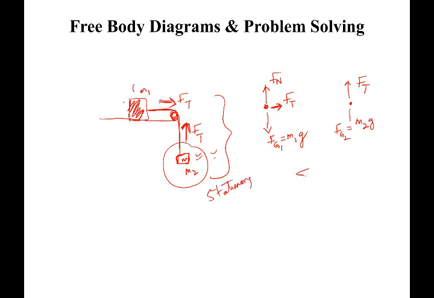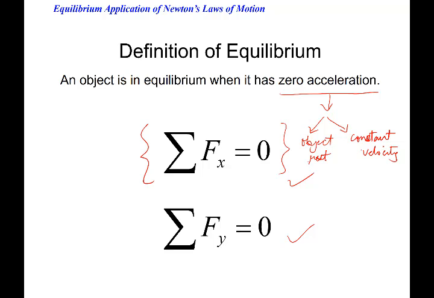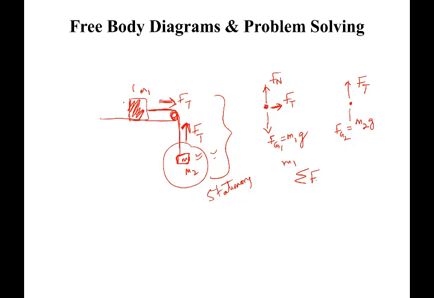If both of them are stationary, nothing is moving, we say the net forces for mass number 1 is 0 in the x direction, and the net forces for mass number 1 in the y direction is 0, because nothing is moving. So this is an equilibrium stage. Same goes for mass number 2.